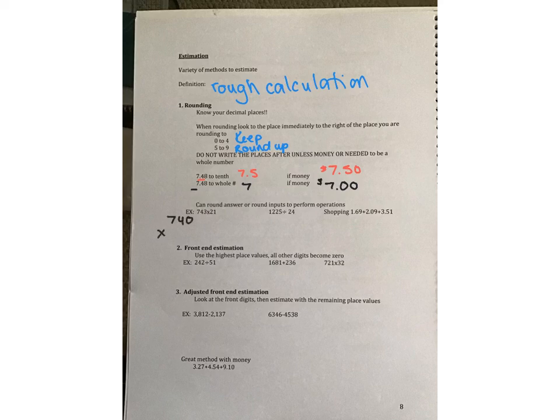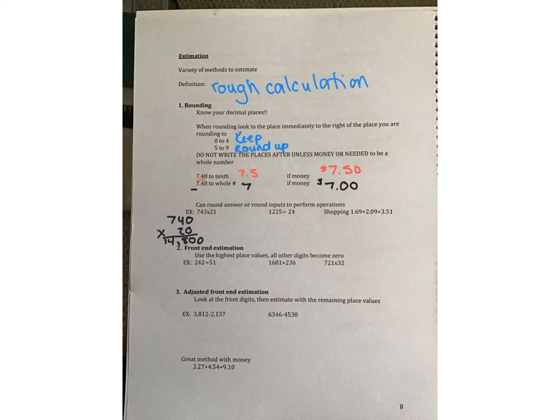We might round 21. We might just round that to 20 to make it a little bit easier to multiply in our head. If we do that, we would get 14,800. Someone might say, well, what if I just round to 700 times 20? That works too. That's another way of rounding.